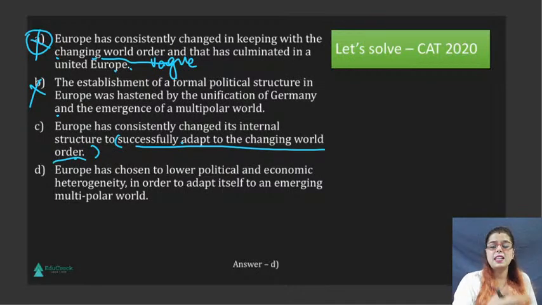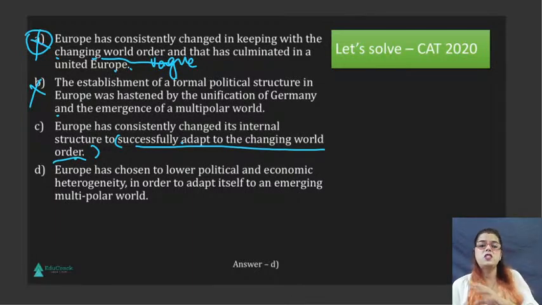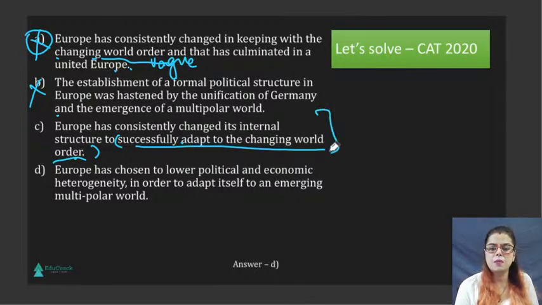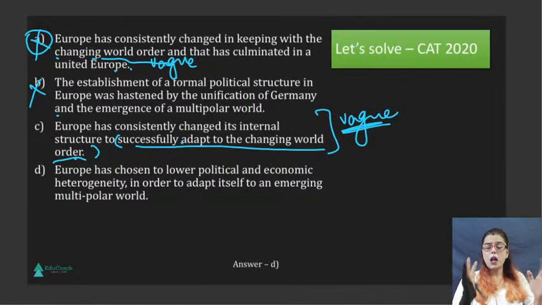This option C does not talk about the unification of Europe into the European Union. It does not talk about why it has brought about political changes. It is just that it is changing itself. So this is also slightly vague. It does not capture all the main points. It does not capture the crucial points.